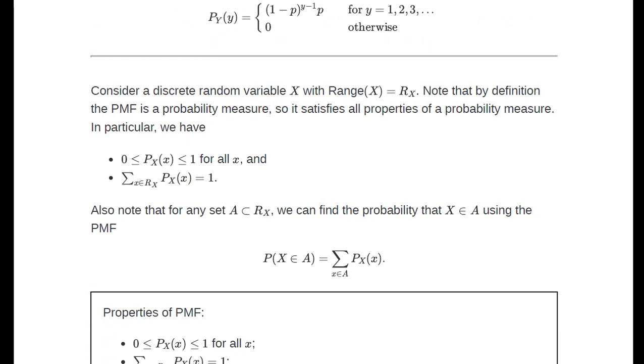Consider a discrete random variable X with range R_X. Note that by definition the PMF is a probability measure, so it satisfies all properties of a probability measure. In particular, we have P_X(x) between 0 and 1 for all x, and the summation of all probabilities of x must equal 1.